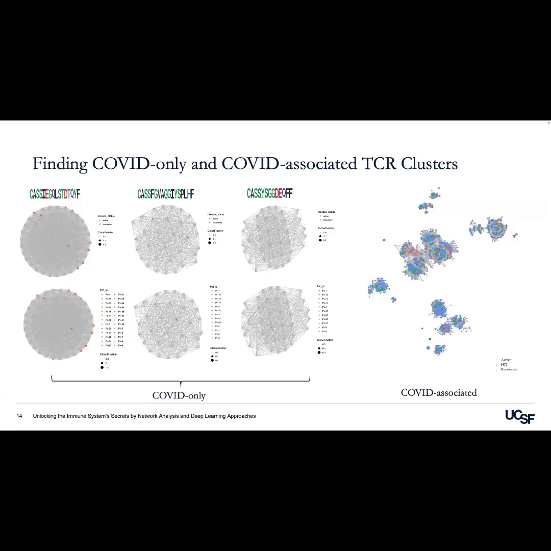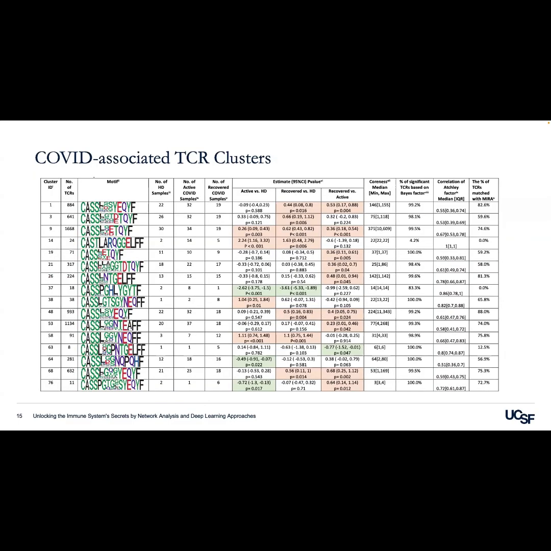The associated clusters mean those TCR clusters that are present in both COVID-19 patients and healthy donors. However, they are more frequently present in COVID-19, so we call them COVID-associated TCR clusters. Now, if you recall, I mentioned earlier, because of the very high variable feature of the TCR sequences, we cannot really perform differential testing like we usually do for gene expression data, right?